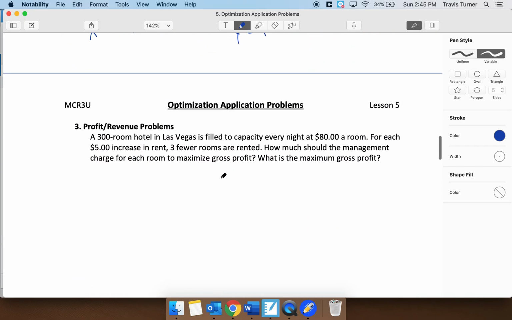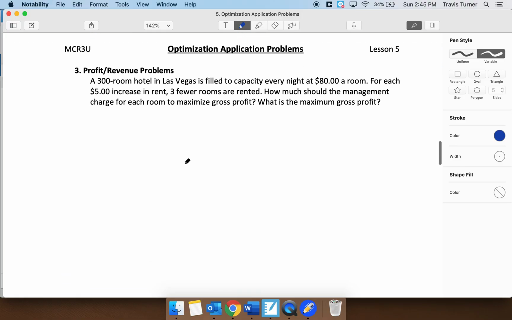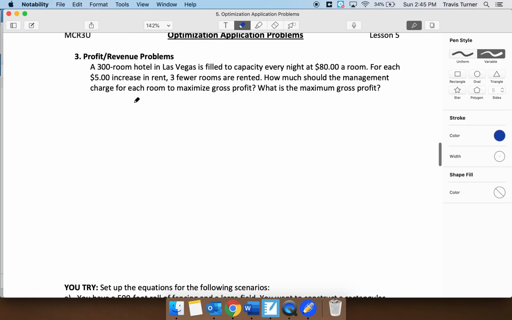The last one, it can be a bit confusing, but we're going to set it up so hopefully it makes sense to you. These are profit or revenue problems, and you've probably done one like this last year. It says, we've got a 300-room hotel in Las Vegas, is filled to capacity every night at $80 a room. For each $5 increase in rent, 3 fewer rooms are rented.